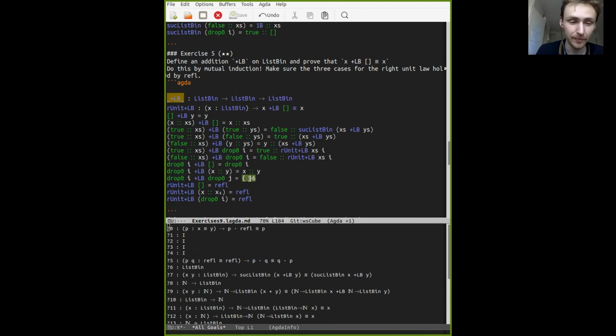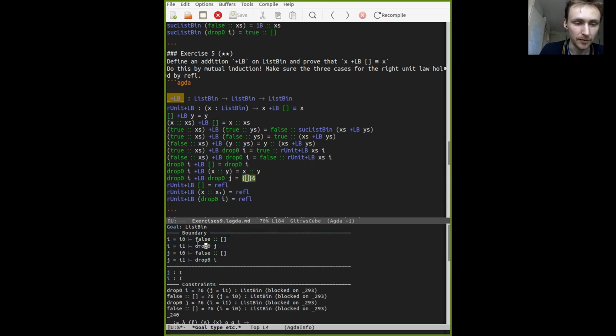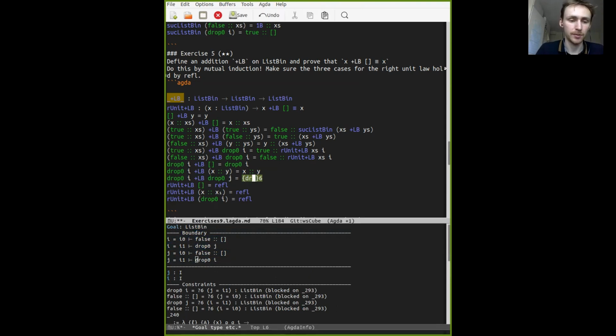That's great. And now let's go back to our previous goal here, because now this actually reduces. So now this is the goal. We have drop 0j here, drop 0i here, and then we have two constant paths here. If you have the same path when i is equal to 1 and j is equal to 1, what you want to do is pick the path and take i wedge j.